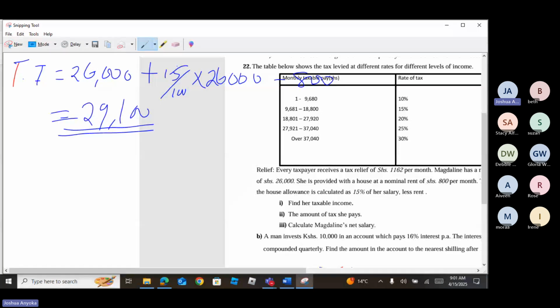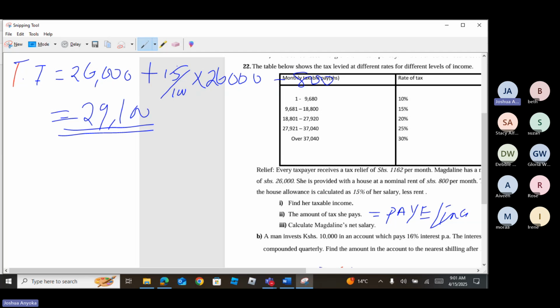The amount of tax she pays is PAYE. PAYE is what is given to the government. It is also called income tax. So we need to go to the table.